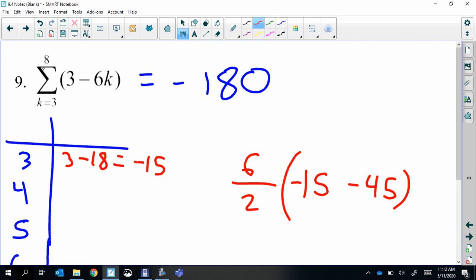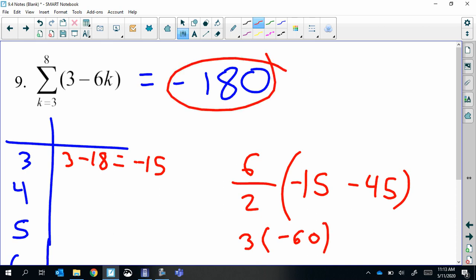It's not as simple as 8 minus 3 because that would be 5. Just remember that it ignores one of those numbers because you have to count those numbers as well. So when you do that, you're not counting like the number 3. So that's why there's 6 instead of a 5 that goes there. All right, so that's 3 times, this is negative 60, and then 3 times negative 60 is negative 180.